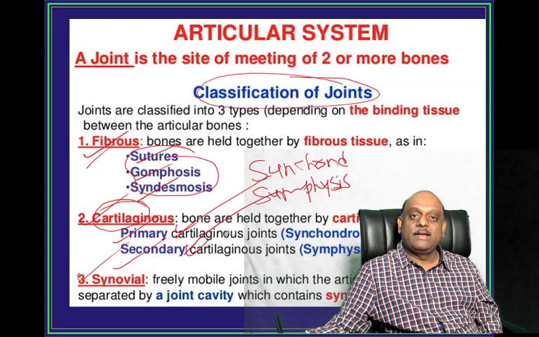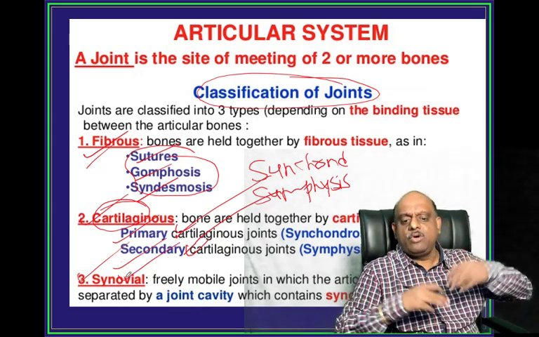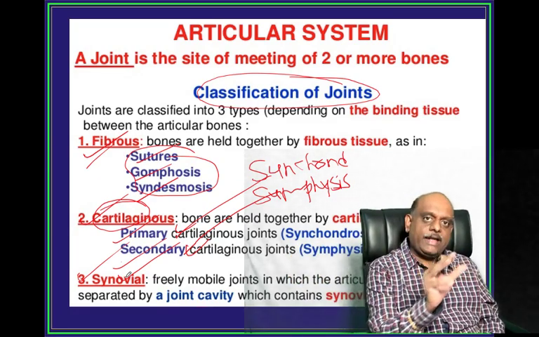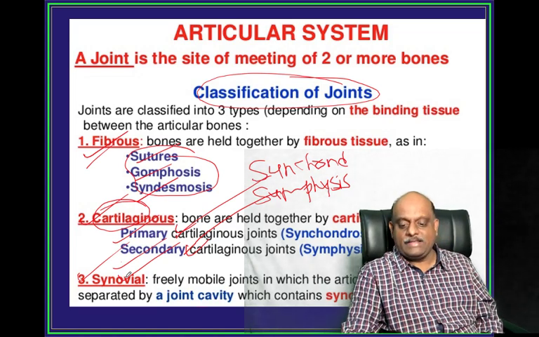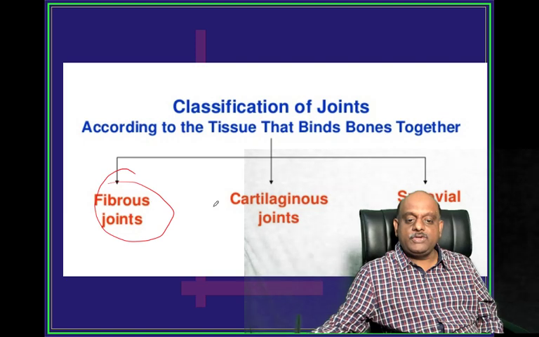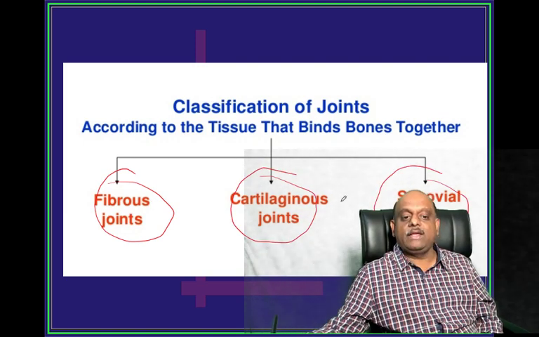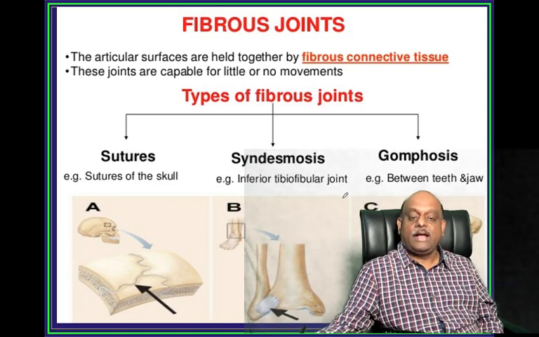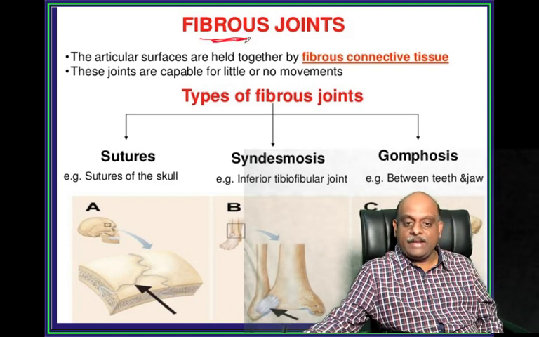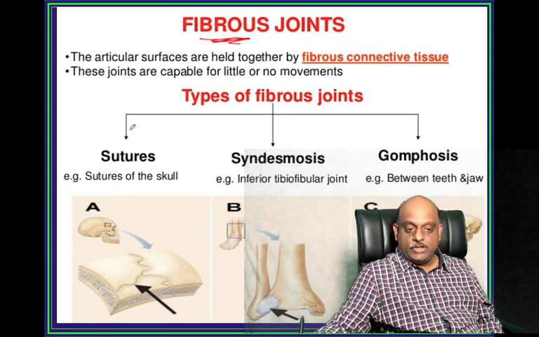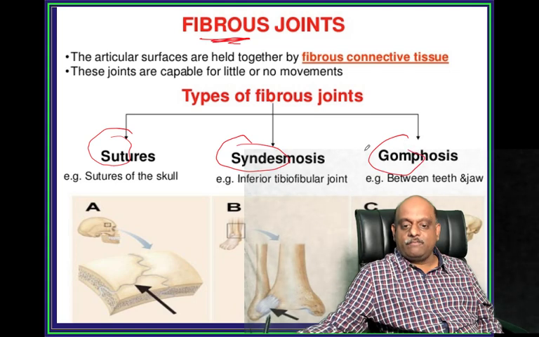Then, what is a synovial joint? Synovial is a very freely mobile joint with the articulating bones separated by a joint cavity inside which synovial fluid is present. So, in summary, fibrous joint, cartilaginous joint, synovial joint is the broad classification of the joints. Now let's talk about fibrous joints. How many types of fibrous joints do you know, doctor? Sutures, syndesmosis, gomphosis.